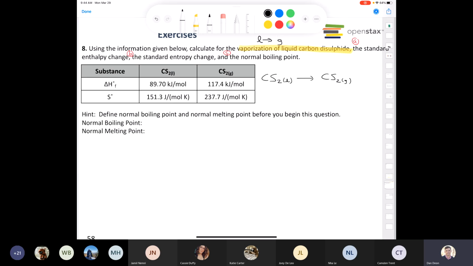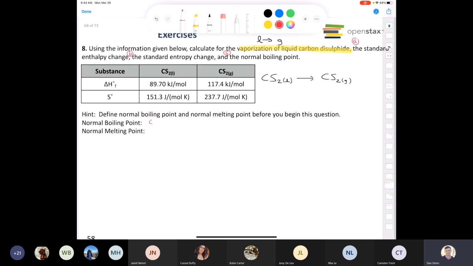Now, besides the standard enthalpy change, which we're just going to calculate using these values, and the standard entropy change, which we're just going to calculate using these values, it's asking us to calculate the normal boiling point, okay? And before we go in and try to solve for the normal boiling point, it asks us to define normal boiling point and normal melting point, right? It might be a knee-jerk reaction to say, well, normal boiling point is the temperature at which the substance gets converted from a liquid to a gas, okay?